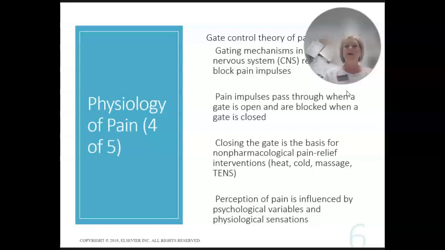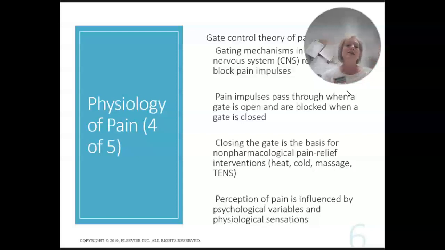When you think about the central nervous system, how can we block that going to the brain to help with that pain response? As pain passes through that gate, the pain is severe, bad, uncontrollable. But if we can shut that gate, we can help that pain response. Maybe we can't shut it all the way, but we can shut it some.